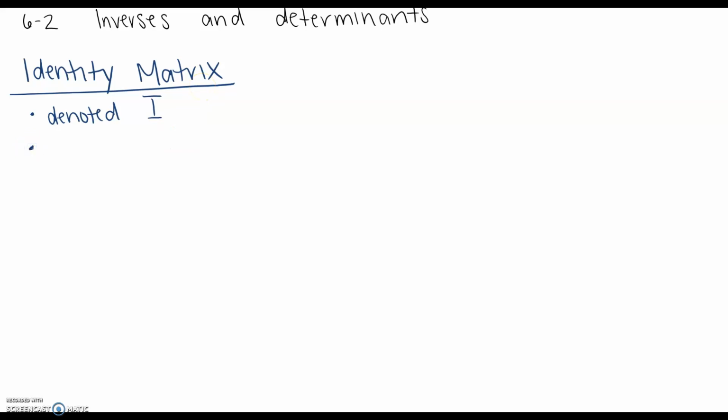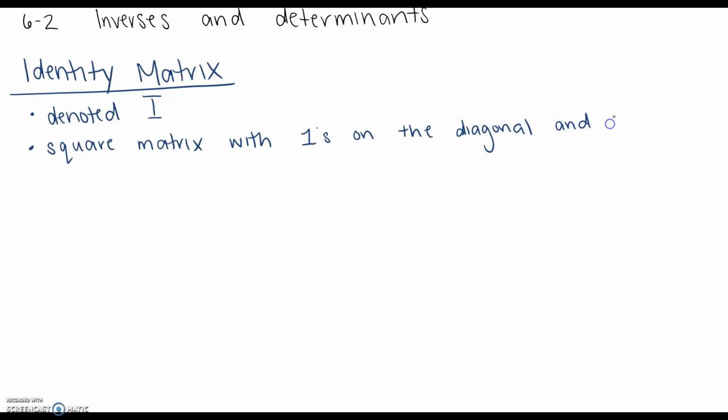And that being said, it has to be square. So the identity matrix is always a square matrix with ones on the diagonal and zeros everywhere else.